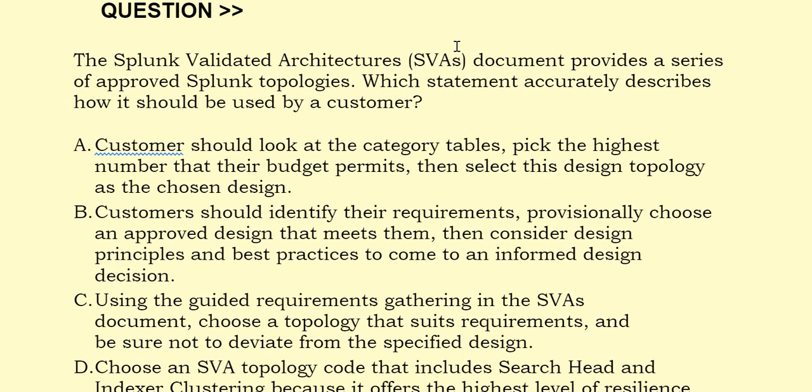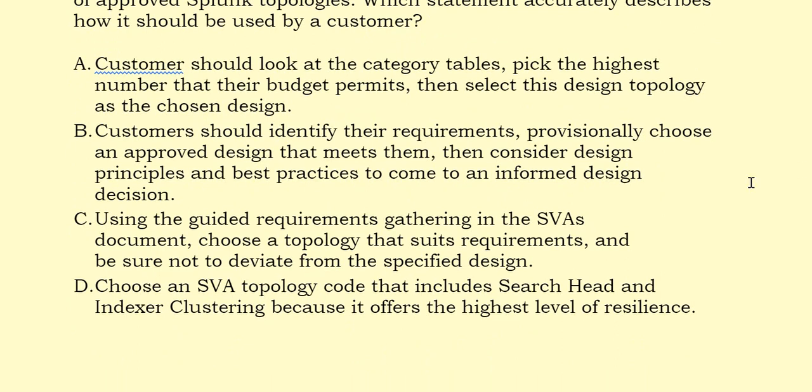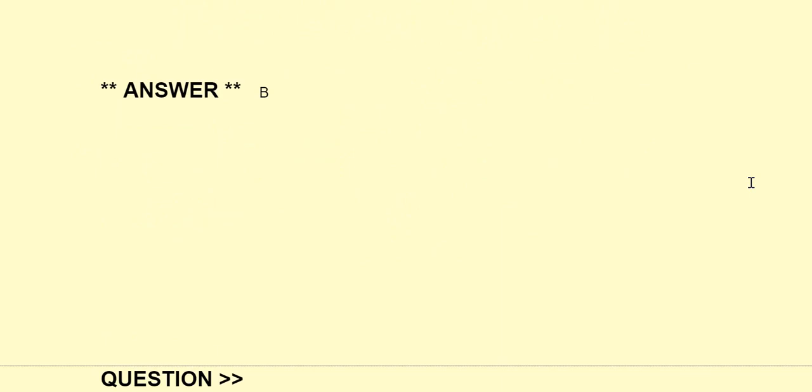Option C. Using the guided requirements gathering in the SVA document, choose a topology that suits requirements and be sure not to deviate from the specified design. Option D. Choose an SVA topology that includes search head and indexer clustering because it offers the highest level of resilience. The correct answer is option B.